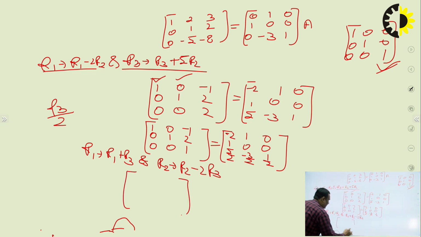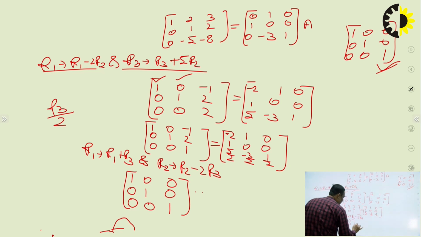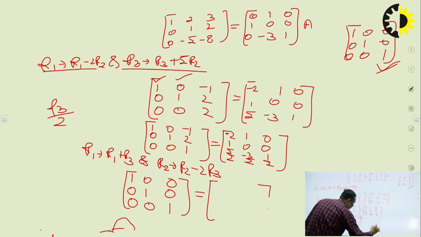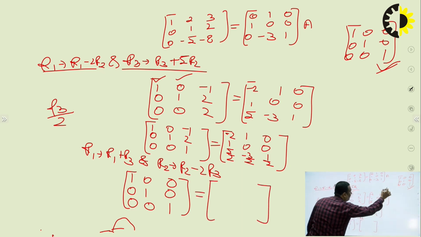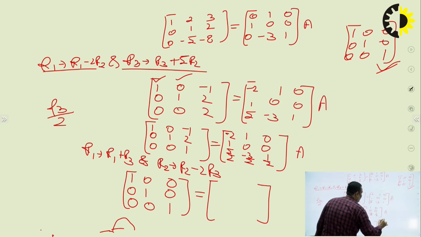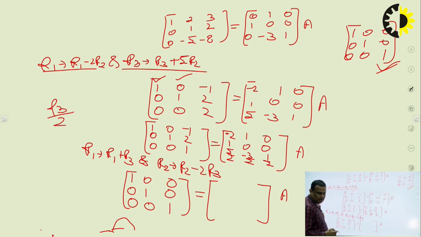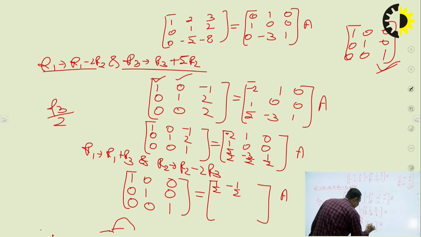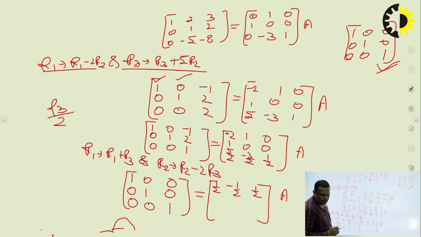So the result is 1 0 0, 0 1 0, 0 0 1. The unit matrix is completed. Now the final result. We apply the same on the right hand side: 1 by 2, minus half, plus half, minus 4, 3, 1, minus 1.